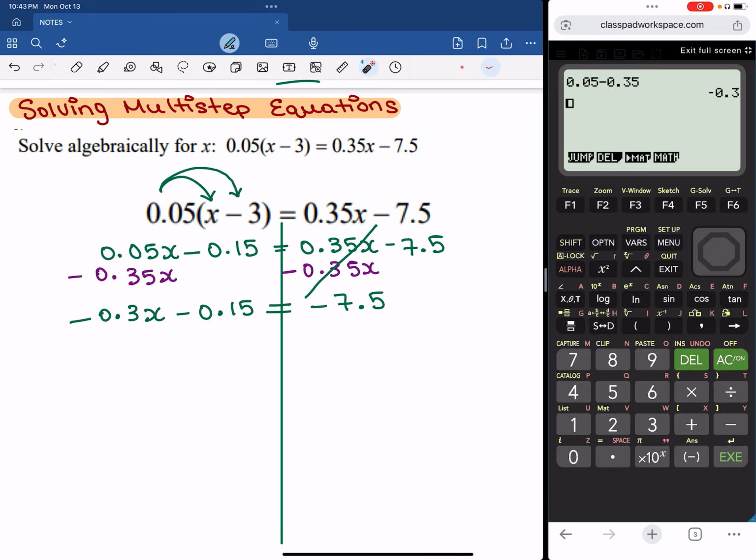From here, our next step is to move all the numbers to one side of the equation. So I need to move this negative 0.15 over to the right side so that it could be with the other constant. Again, to do that, we're going to do the inverse operation, or the opposite. Since this 0.15 is negative, it's being subtracted. So I need to do the opposite of subtraction, which is addition.